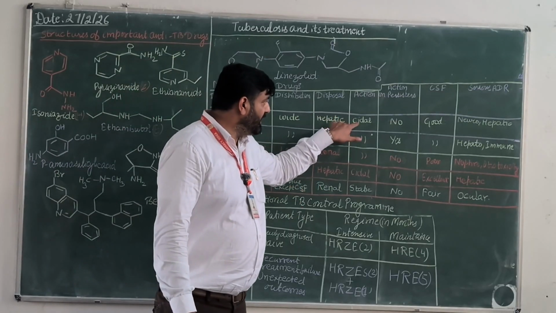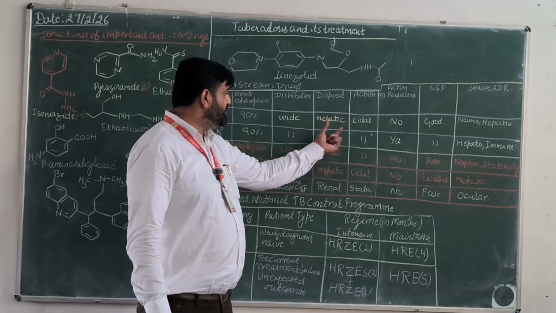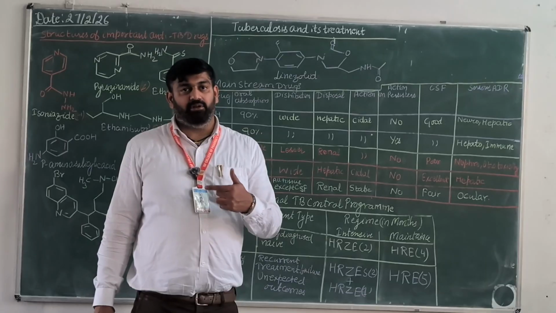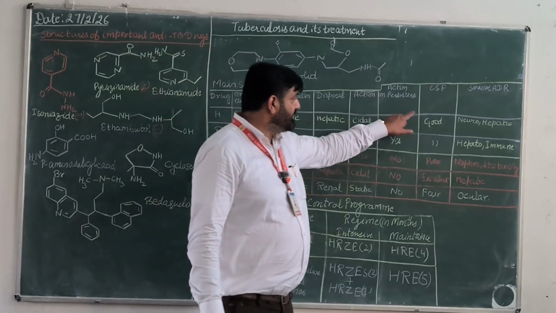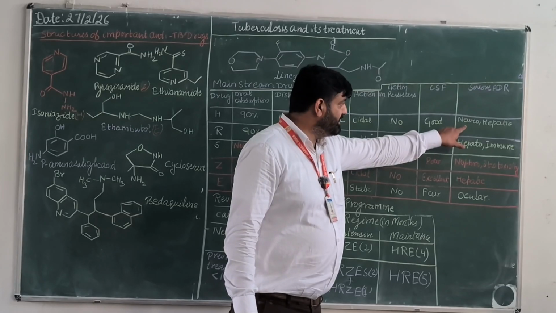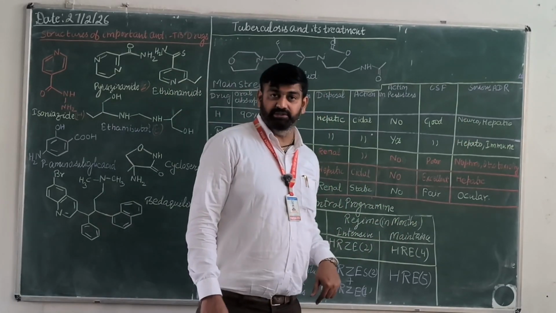It has tuberocidal action. It has no action on persisters, which means this drug cannot affect the bacteria which are not dividing. CSF penetration is good, and serious side effects are seen in the neuro and hepatic regions.